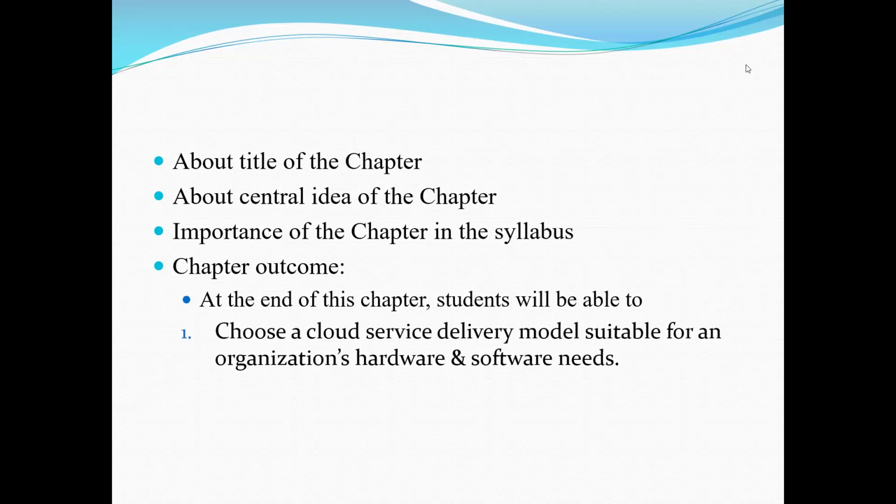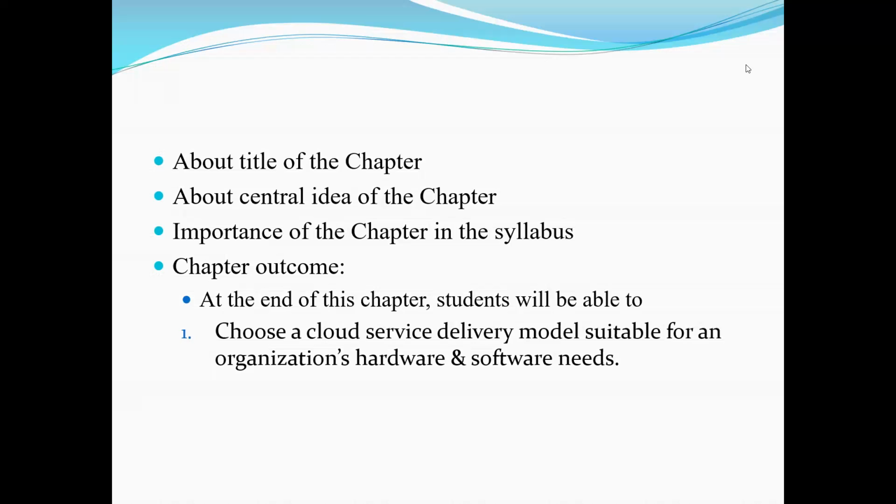And the chapter outcome. At the end of this chapter, the student will be able to achieve the first CO, which will be covered through this unit: choose a cloud service delivery model suitable for an organization's hardware and software needs.